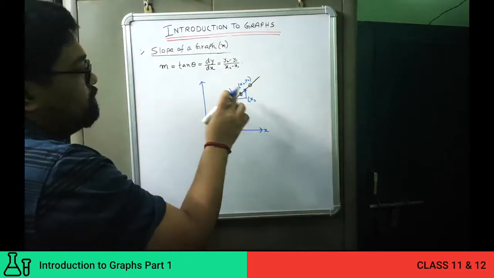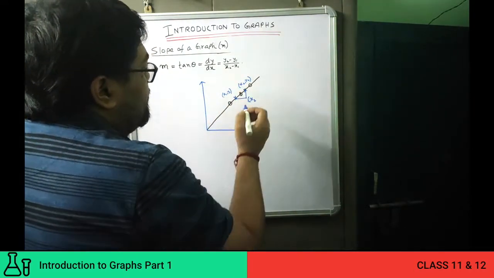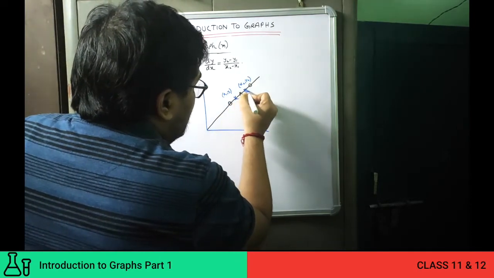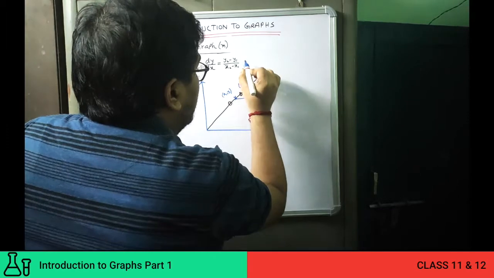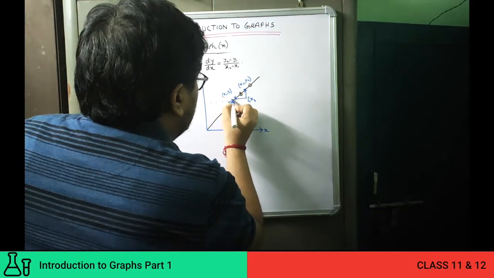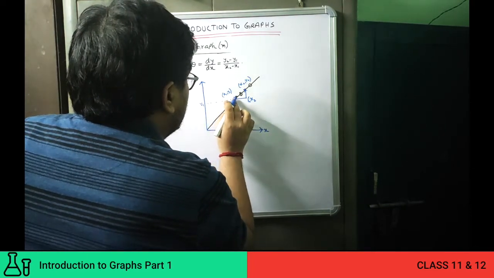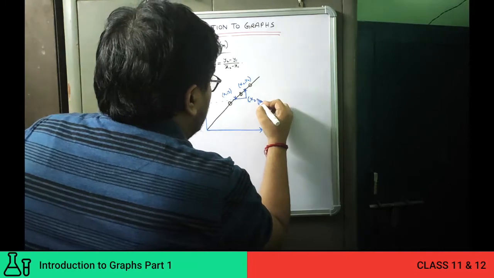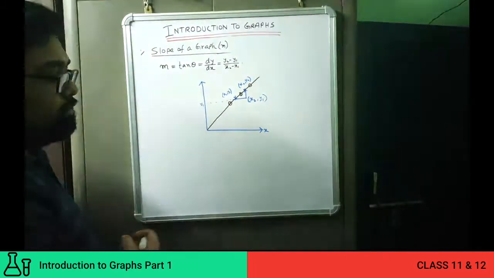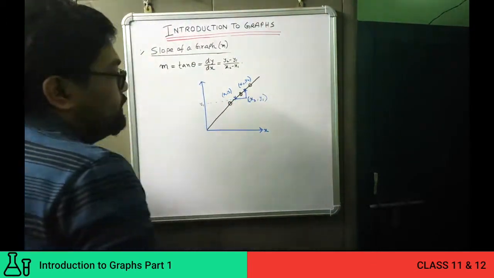For the y axis, it is not moving upwards or downwards. It is as static as y1. So the coordinates of this point are x2 and y1.